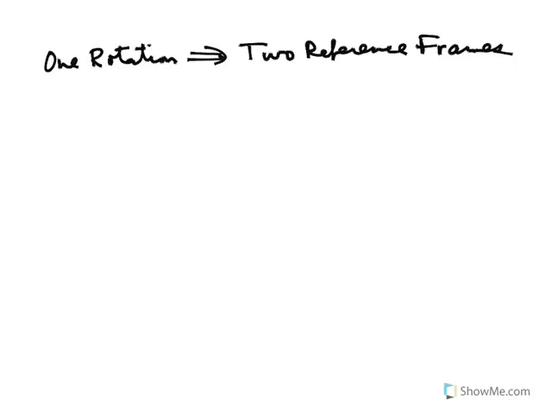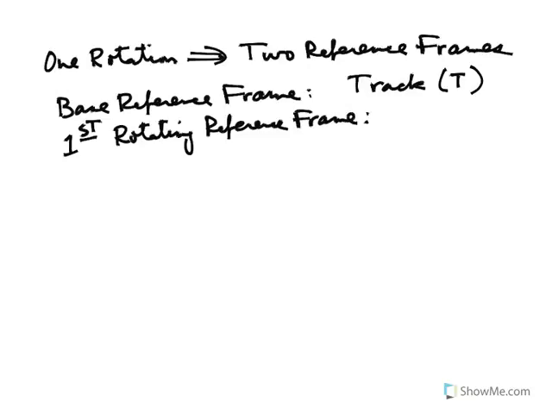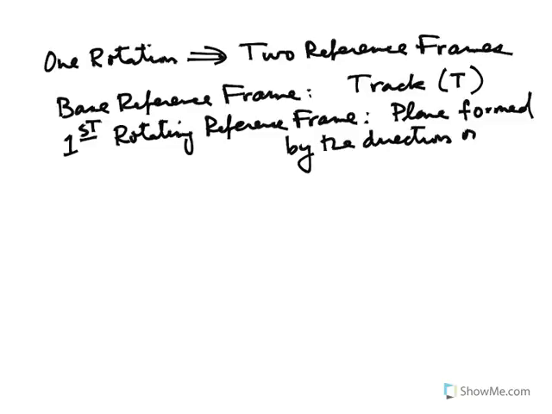And these two reference frames are the base reference frame, which is the track, which I'm denoting as T, and then the first rotating reference frame, which is the plane formed by the direction out of the page and OP.